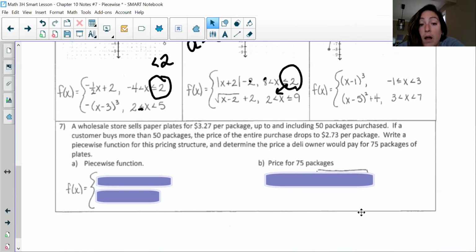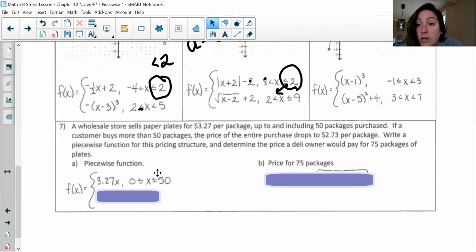We have when it's price per package up to and including 50 and then over 50. So wholesale sells paper plates for $3.27 per package up to and including 50. So that means that f of x is equal to 3.27x when x is between 0 and 50, inclusive on both ends.